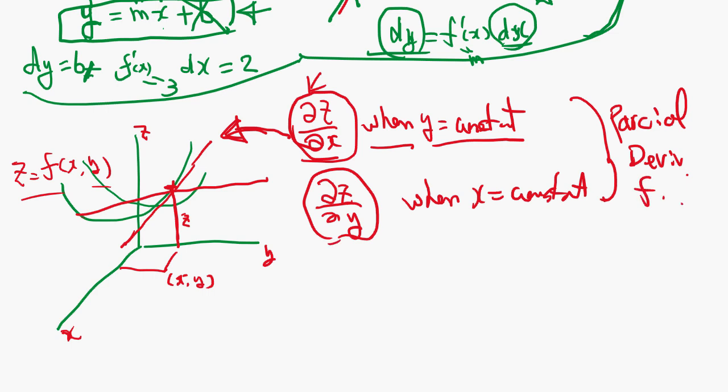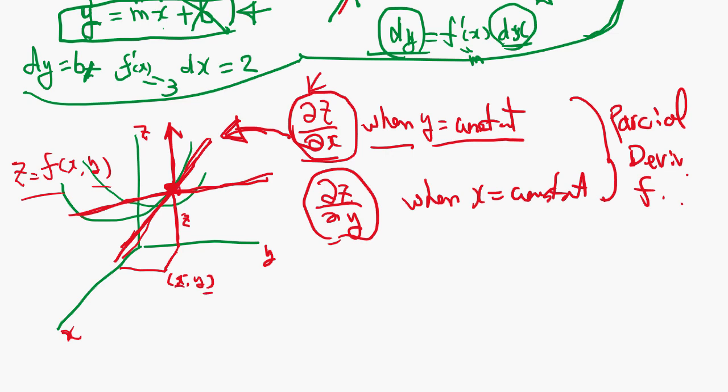Okay, this partial derivative function defines this line parallel to x, because the y value is the same on this line and the x value is the same on this line. So you make a new 3D coordinate at this xy point.